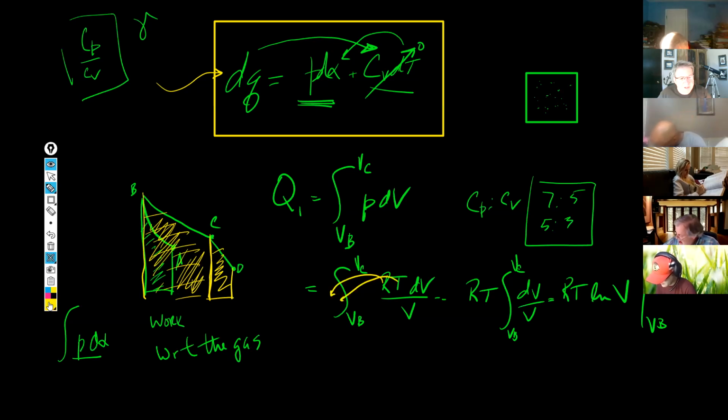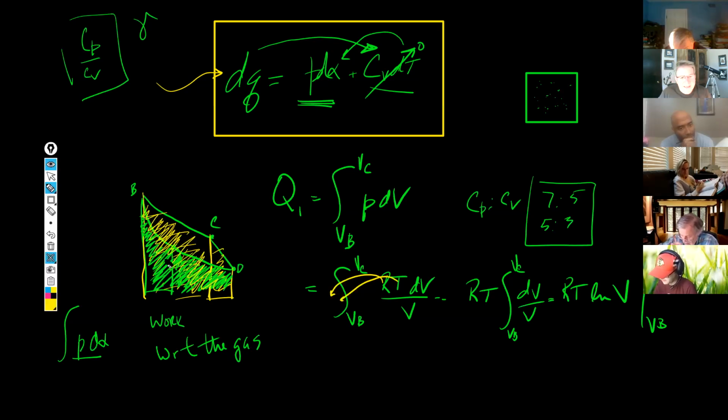Now you can kind of assume from here that I'm going to go back to D to A. And now watch this. As I go from D to A, this is the green, because now from D to A, the volume is getting smaller. It's work done to the gas. So all of the green is this stuff. All of the yellow is this stuff.